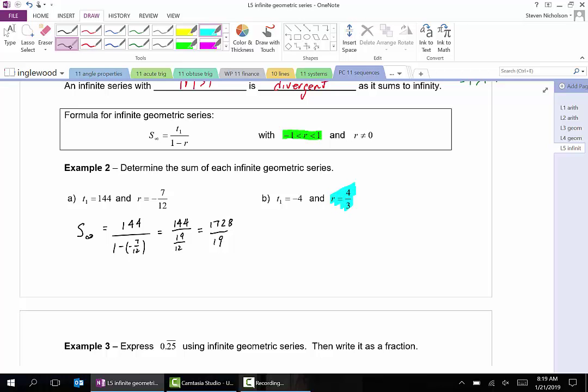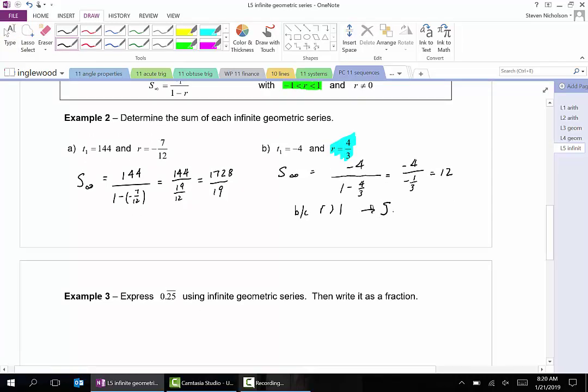If you blindly applied your formula, you would have the sum of an infinite number of terms equal to T1 over 1 minus 4/3, which is equal to -4 over -1/3, which is equal to 12. And you would say that the answer is 12. You use the formula, but because R is greater than 1, S of infinity equals infinity.